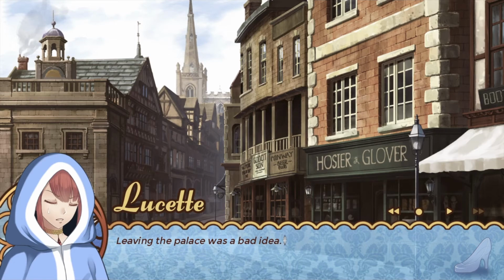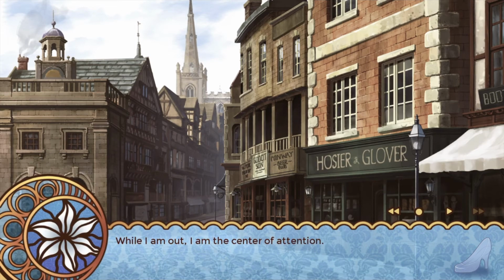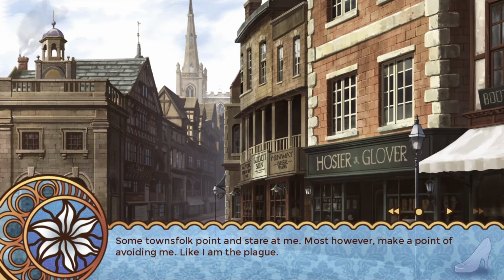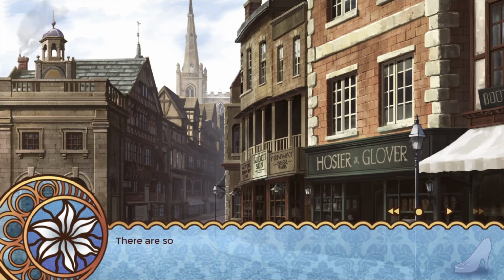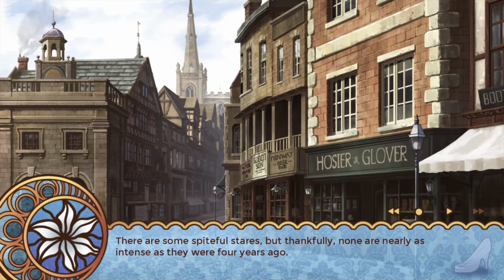Leaving the palace was a bad idea. While I am out, I am the center of attention. Some townsfolk point and stare at me. Most, however, make a point of avoiding me, like I am the plague. Good. It's the 20s now. It's about time there was another plague outbreak. And a war! There are some spiteful stares, but thankfully none of them are nearly as intense as they were 4 years ago.